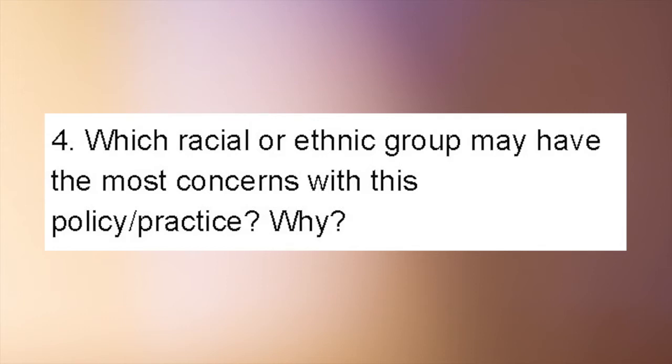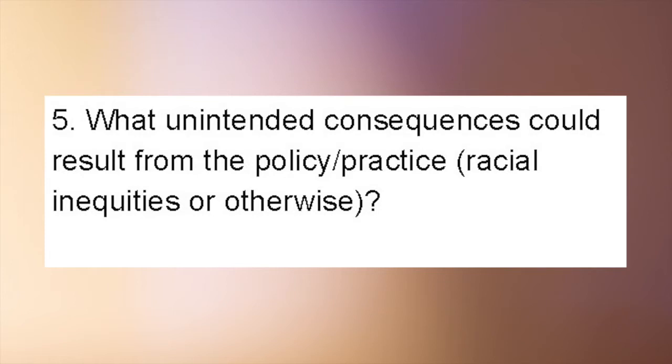The group that has the most concerns may not be the same group as the group that could be inequitably affected by the policy. Question number 5. What unintended consequences could result from the policy, racial inequities or otherwise? And the key to question 5 is the unintended consequences.